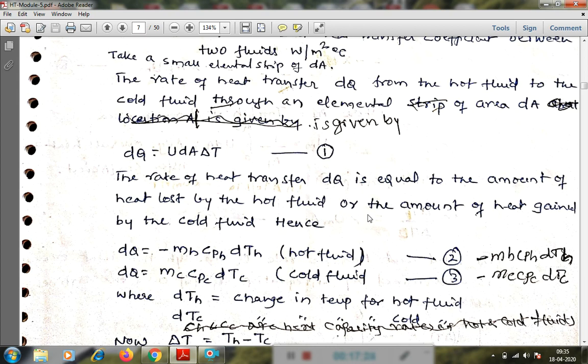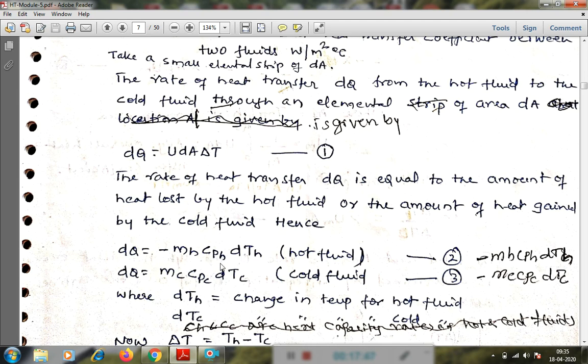Hence, besides writing it in terms of the overall heat transfer coefficient and area, we can also write the energy equation in terms of the heat lost by the hot fluid and the heat gained by the cold fluid. That is dQ is equal to minus mH CpH dTh.